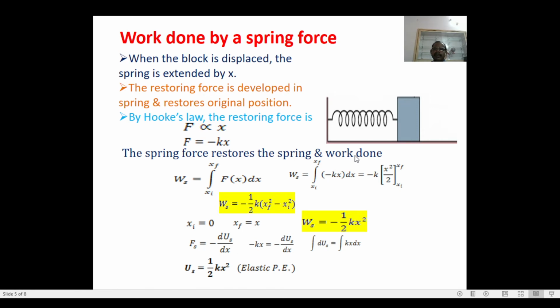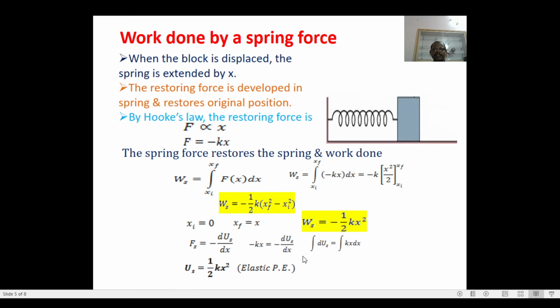Now spring force is a conservative force, therefore it can be derived from the negative of the potential gradient. Spring force Fs is equal to minus dUs by dx, where dUs by dx is the potential gradient. Spring force Fs is minus kx, and this equals minus dUs by dx.